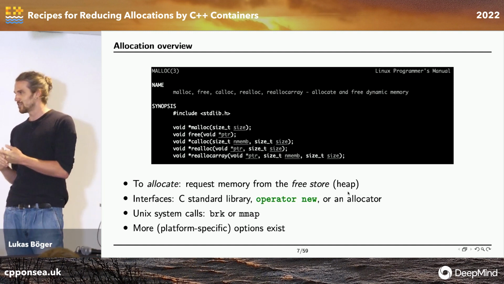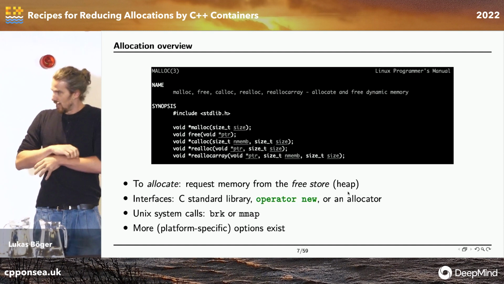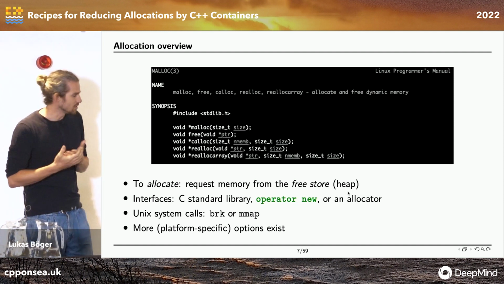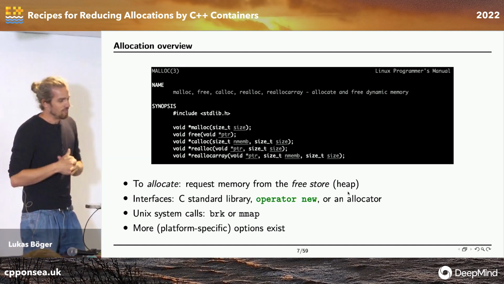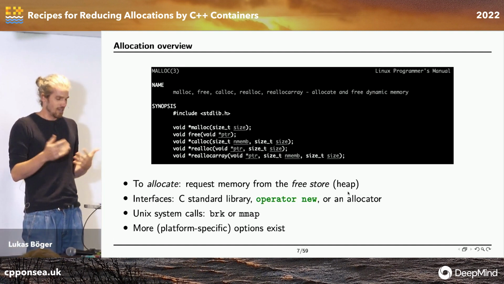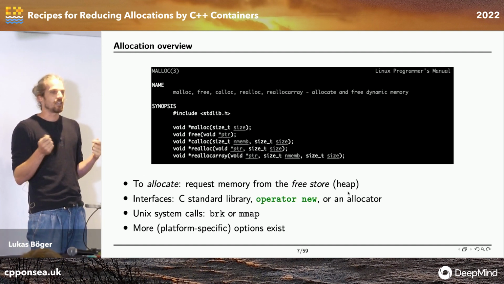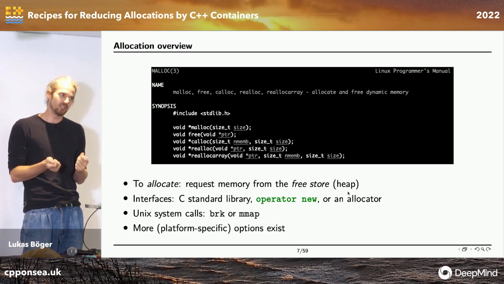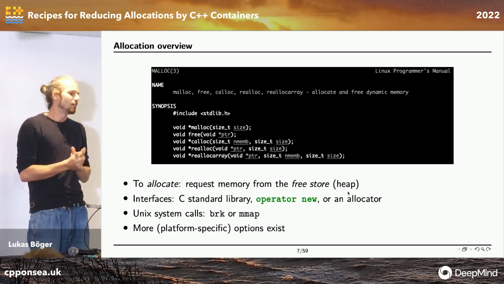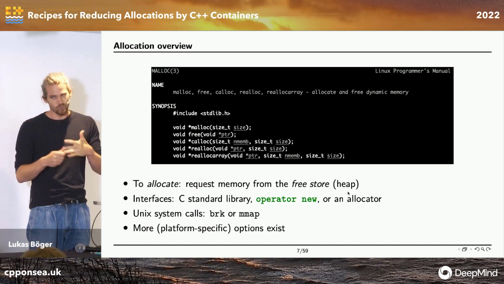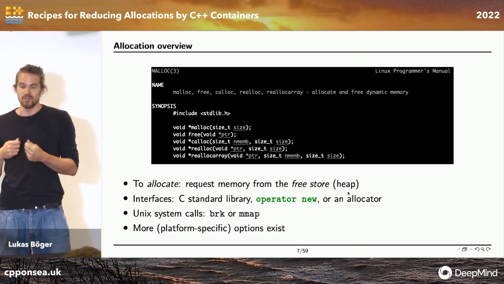We can use several interfaces to do this. The C standard library, which you see at the top of the slide, we can use operator new, its array counterpart, or an allocator. How does the implementation usually work? First of all, operator new can be implemented in terms of the C standard library. That's malloc and friends. It doesn't have to, but it usually is. And malloc itself will periodically request memory from the underlying system.